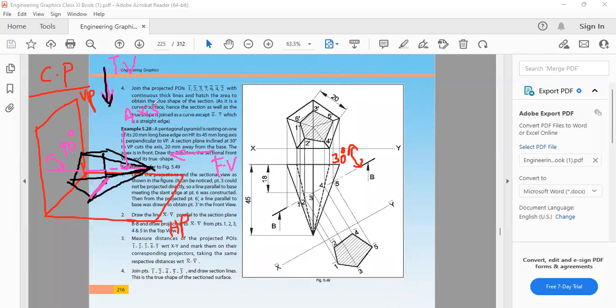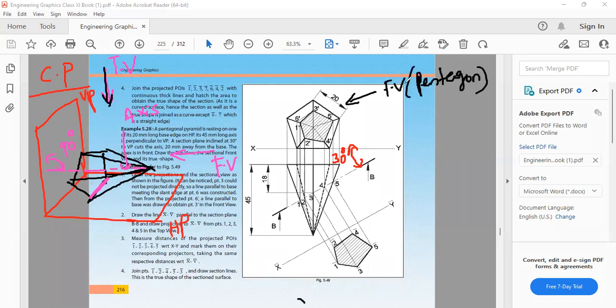Okay, draw the front view and top view. So the front view is a pentagon. This is my front view. Draw a pentagon.